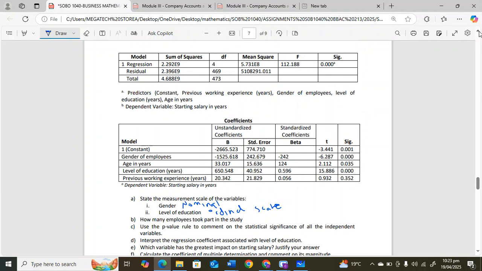Part B. How many employees took part in the study? You come here, you look at degree of freedom. Now remember, the way you usually get the degree of freedom for any study, it's n sample size minus 1. So here, degrees of freedom 473.